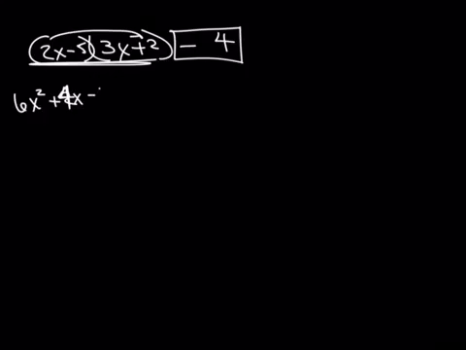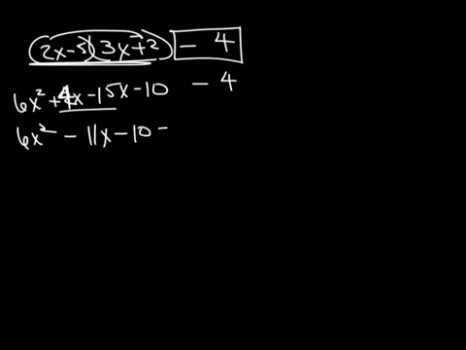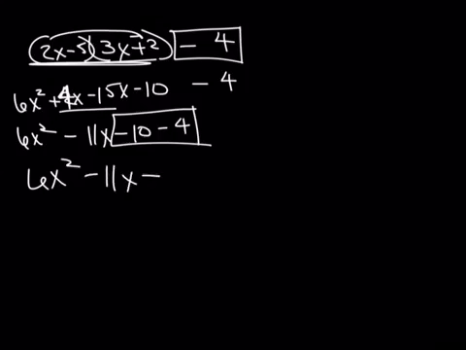Alright, minus 15x, minus 10, and then that minus 4 tags on there. So 6x squared minus 11x minus 10 minus 4. I can combine these two. And I'm done there.